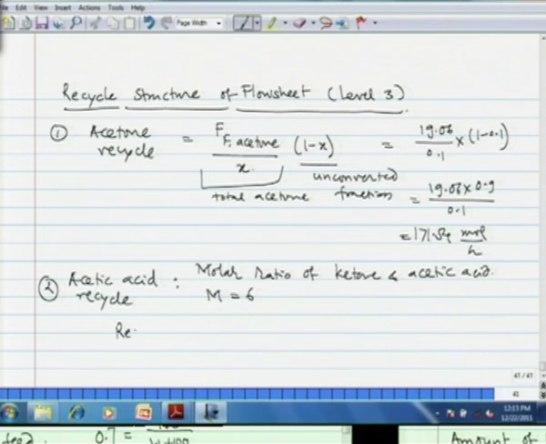So the recycle acid will be the excess acid that is added.